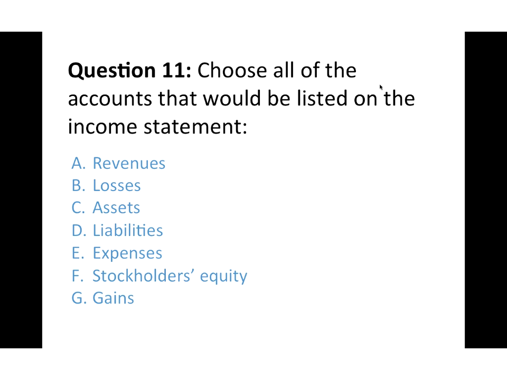Okay, so it's out there. You're going to have to pick multiple answers and then submit your answer when you've chosen everything. Another 30 seconds or so. Again, select the accounts that would be listed on the income statement out of this selection.